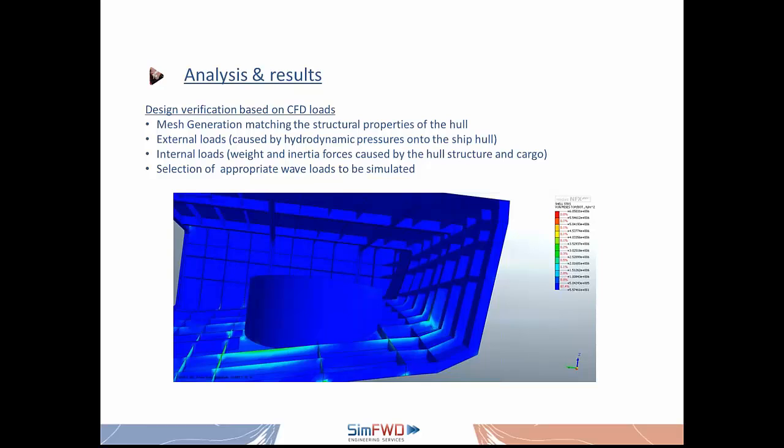And also the balance between the external and the internal loads, like weight and inertia forces caused by the hull structure and the cargo. So the appropriate wave loads have to be simulated in that way in order to define the correct loading.